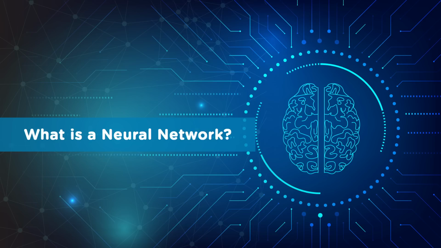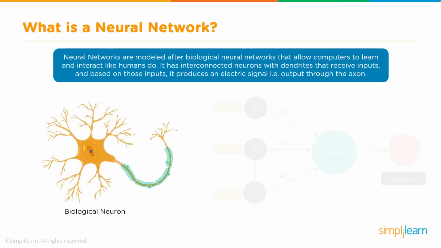Now, as I mentioned, one of the secret sources of deep learning is neural networks. Let's see what neural networks are. Neural networks are based on our biological neurons. The whole concept of deep learning and artificial intelligence is based on the human brain, and the human brain consists of billions of tiny cells called neurons.